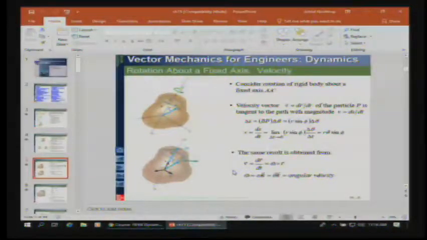So what we are talking about with the variable omega is that omega is the angle that the point moves through per time. And the angle is measured in radians.